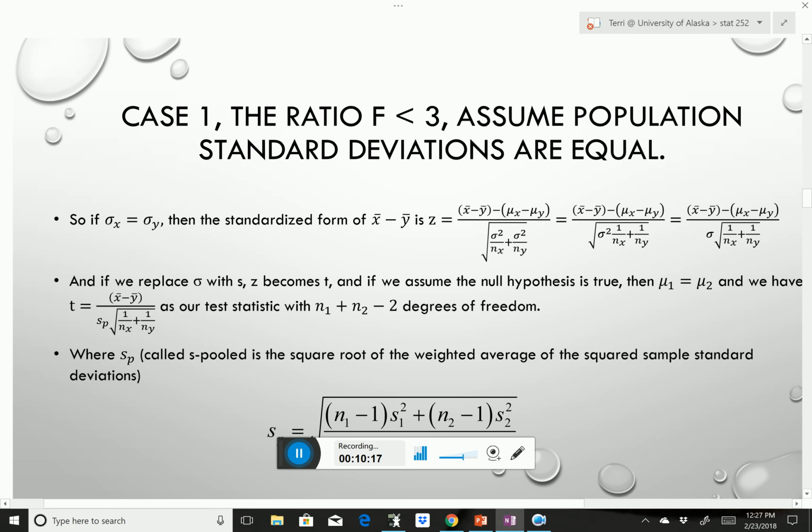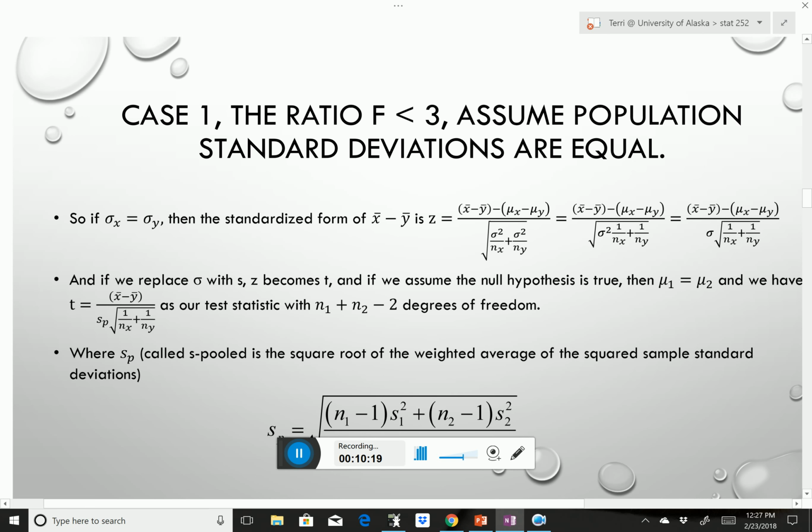So once we do that, let's look at case 1. This is the case where the S's are close enough together to assume that the population standard deviations are equal. So if sigma x is equal to sigma y, then the standardized form, and we're just going to call it some sigma. So look here, I just took out the x and the y down here at the bottom.